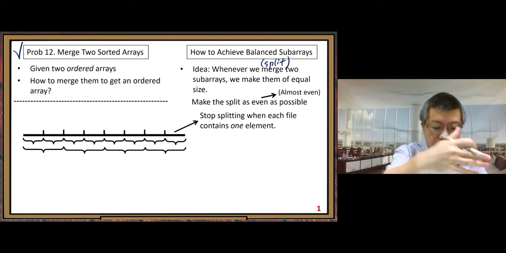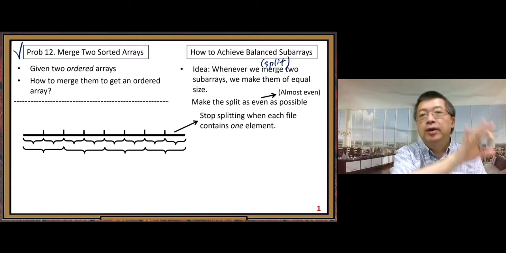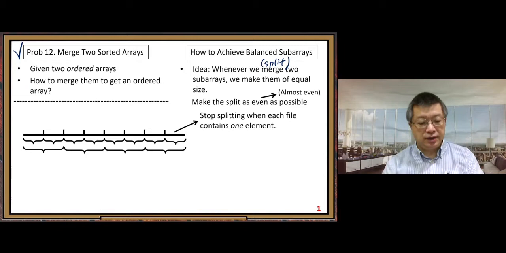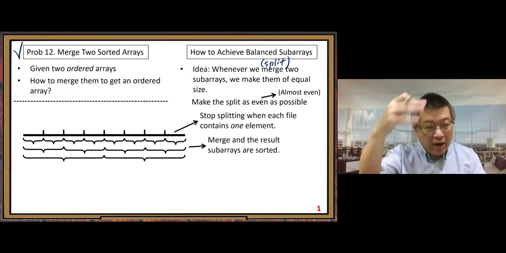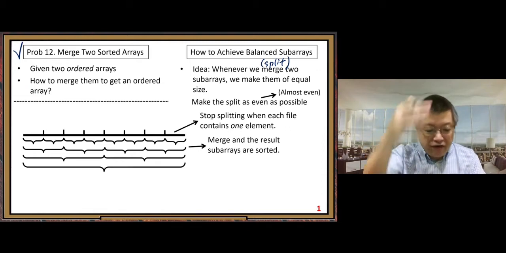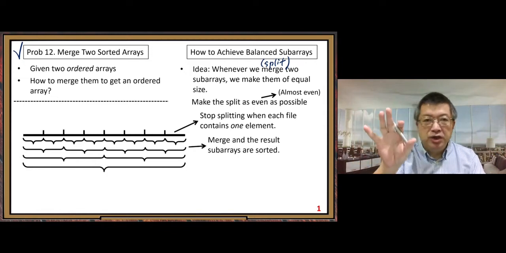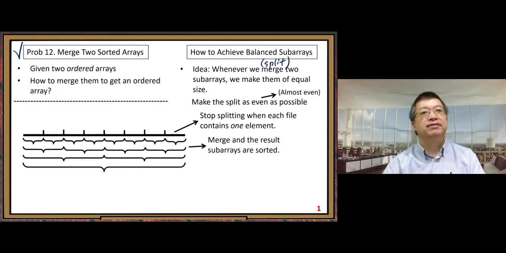At each round, the next round merges another two bigger adjacent ordered subarrays. Keep doing that. So our subarray size becomes larger and larger, and finally, all the subarrays are merged into one big ordered array. So that's the basic idea.